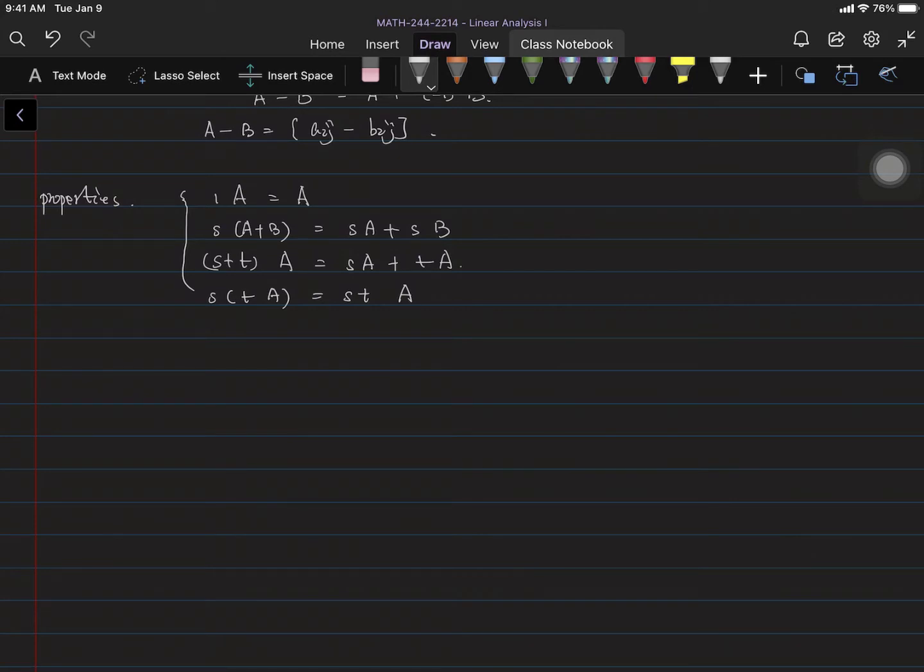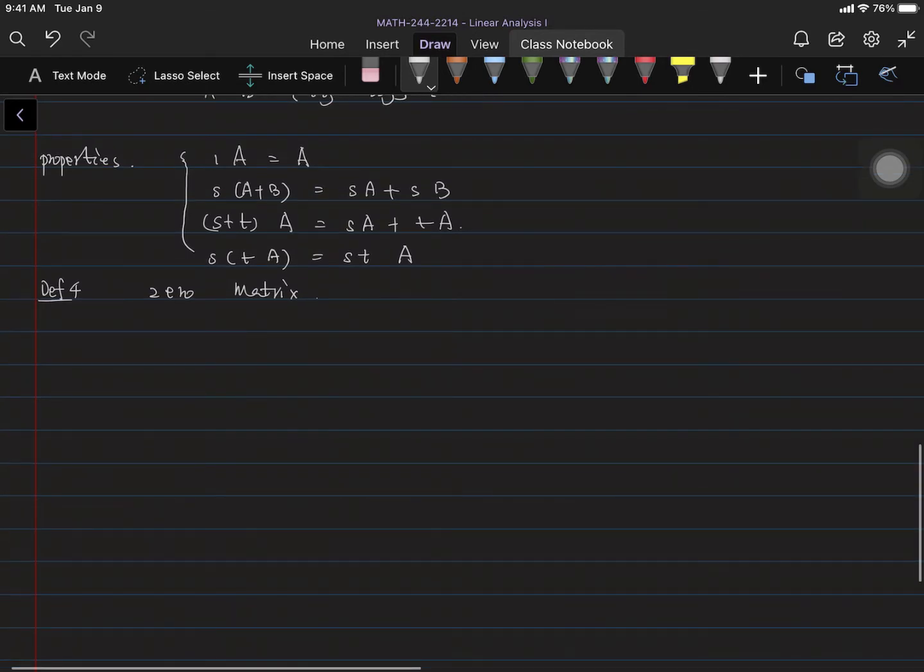Next, let's take a look at definition 4. Zero matrix. Let's see the notation. We denote this by like 0, but we write down like a capital O, the large O, with m by n.